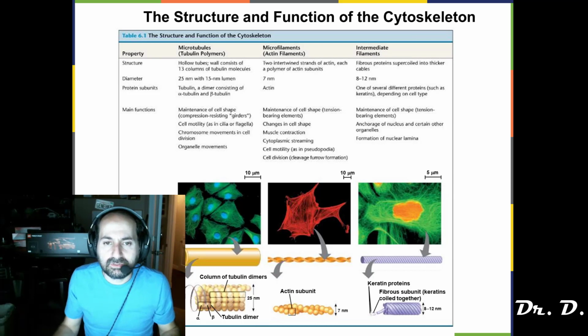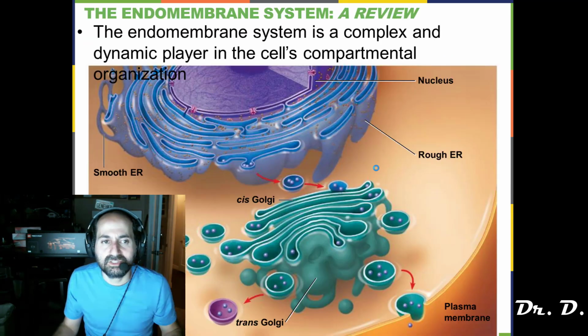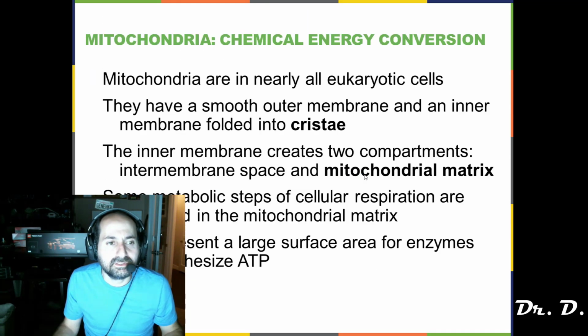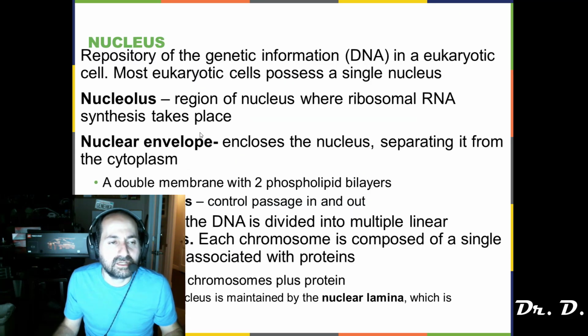Now, one thing I do want you to know about the intermediate filaments is that they make up the nuclear lamina. Does this term look familiar? It should, because, let me show you. Let's flip back. Look here. Remember when we were talking about the nucleus?